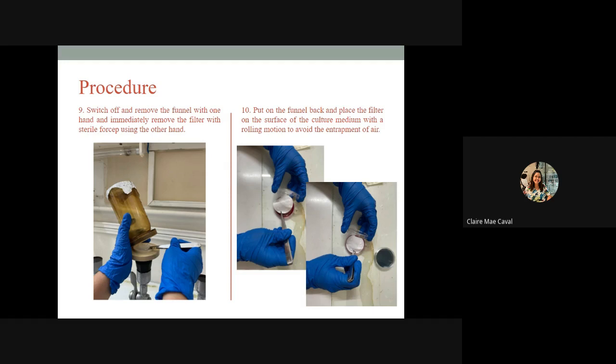You have to do this quickly, and it should be in a rolling motion. This is one of the techniques. I really hope we have a laboratory class for this so that we can perform it. Then you apply it in a rolling motion, not just to avoid the entrapment of air. This is a technique so that the sterile membrane filter does not easily drop onto the culture medium, and then you can close it right away. Okay?